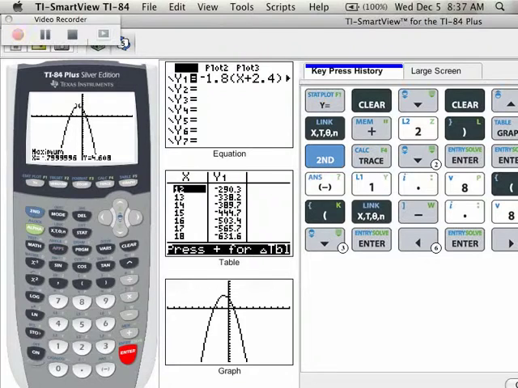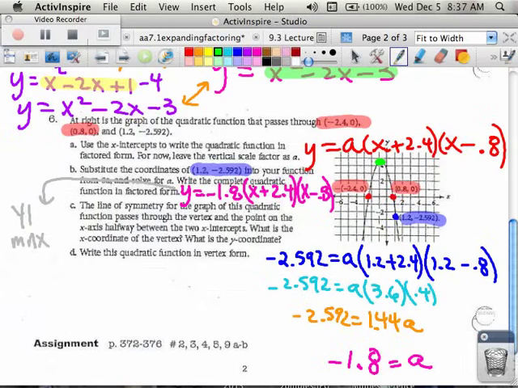So when I go back into my notes now, and I write down my maximum, which is my vertex, my vertex is going to be whatever showed up on my calculator, which is negative 0.8, comma, 4.608. So this is letter C.